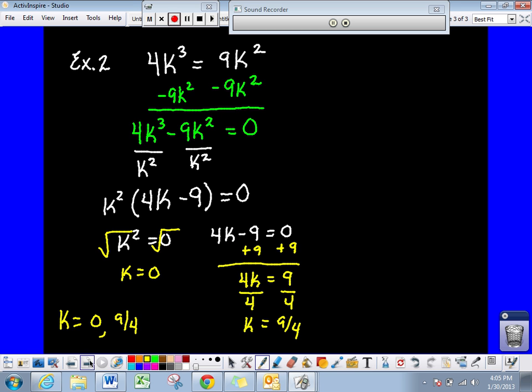All right, the last thing I want to say before we leave this afternoon is let's look at this problem here. I'm going to give you the shortcut method for finding our zeros after you factor.